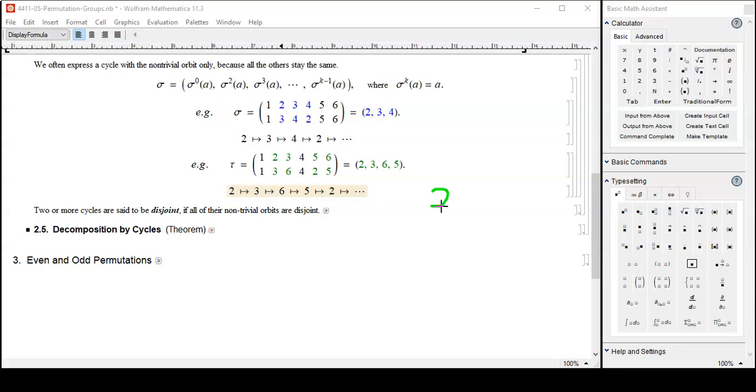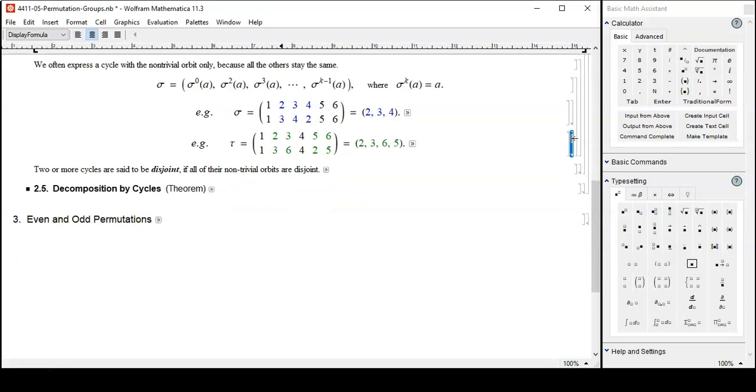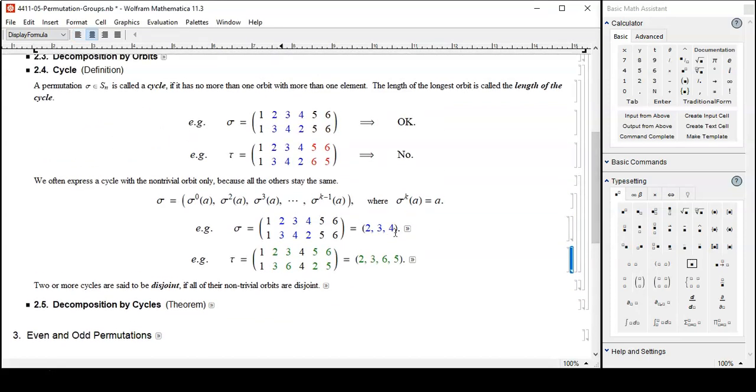So 2, 3, 6, 5, and then it repeats. Yeah, this one really looks like a cycle. But of course, those are difficult to typeset. So I'll use this notation, 2, 3, 4, 2, 3, 6, 5, those kind of things. And you can imagine the cycle structure.